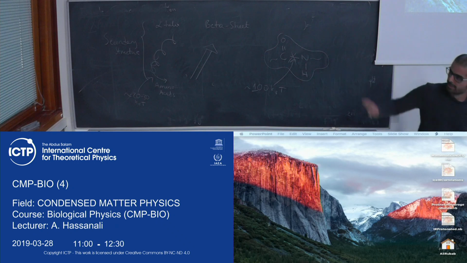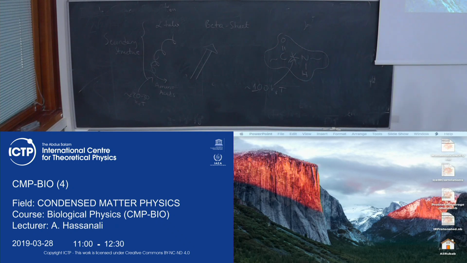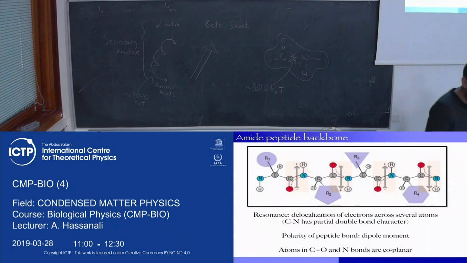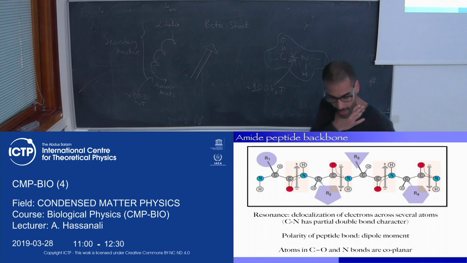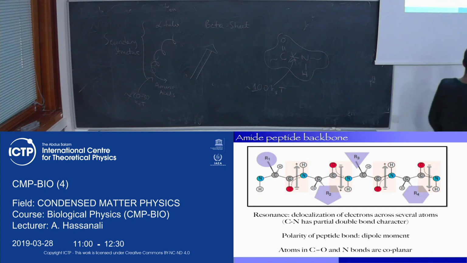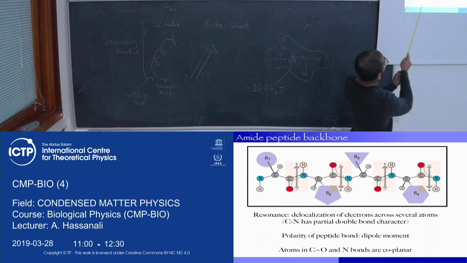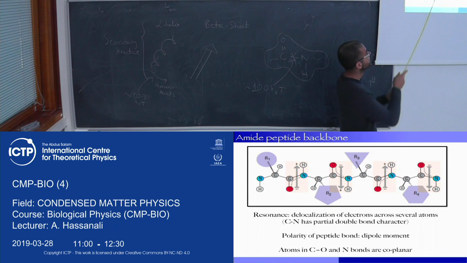This is what we've been talking about in the last 3 or 4 lectures. So, what makes the amide bond special or unique? The atoms have different electronegativities.